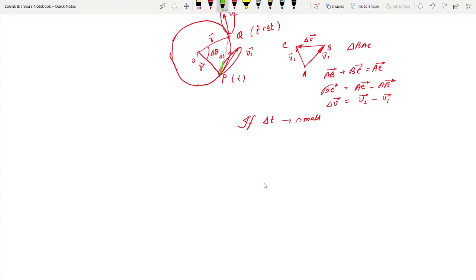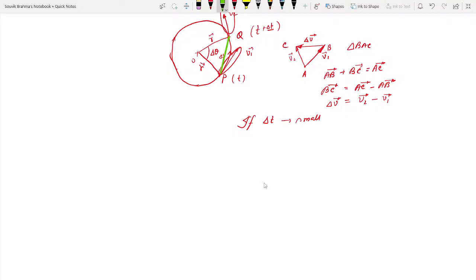This one is the chord. You know already about the geometry. The chord PQ becomes equal to the arc PQ. So this is true for a very small value of delta t.